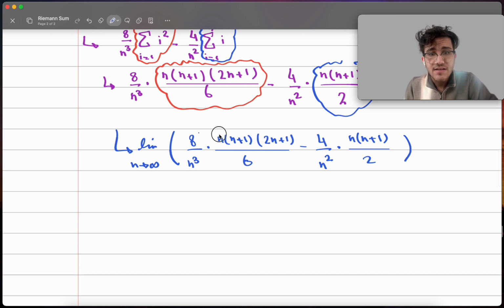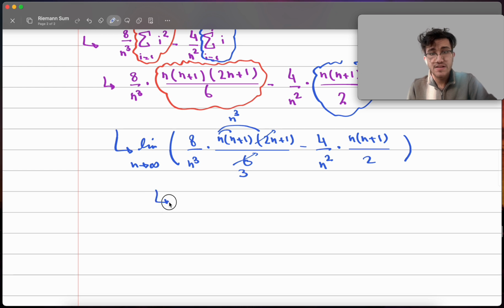So this is n times n, which is n squared, times 2n, going to give me 2n cubed. So I can simplify this 2 with this 6, so it's going to be 3, and on top I have n cubed. I only care about the highest degree, so the lower terms do not really affect the limit process.